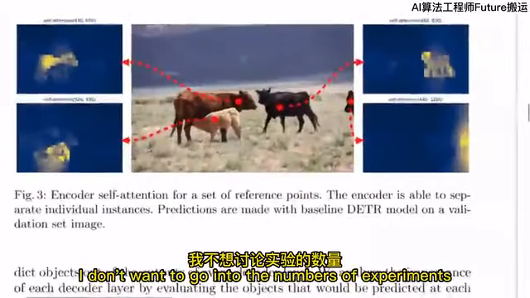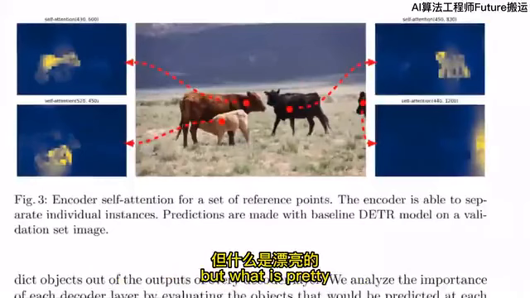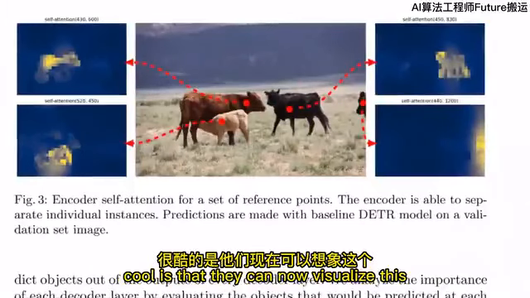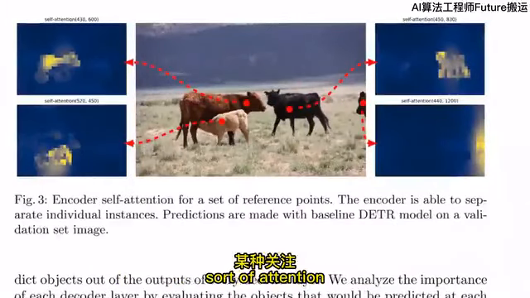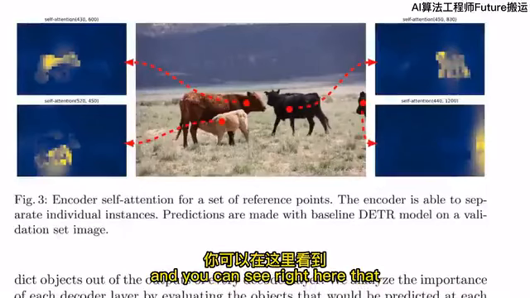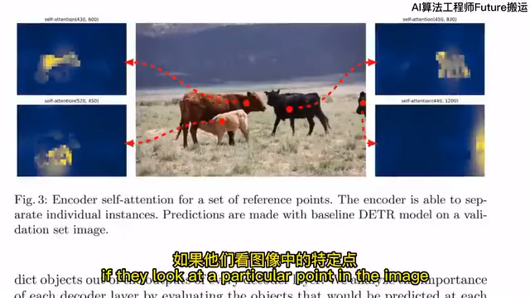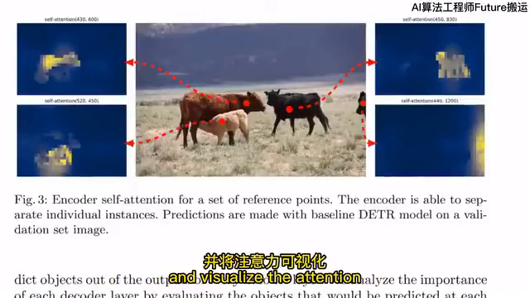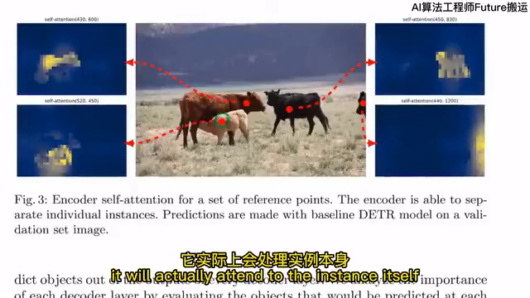Okay, I don't want to go into the numbers of experiments, but what is pretty cool is that they can now visualize this sort of attention. And you can see right here that if they look at a particular point in the image and visualize the attention, it will actually attend to the instance itself.